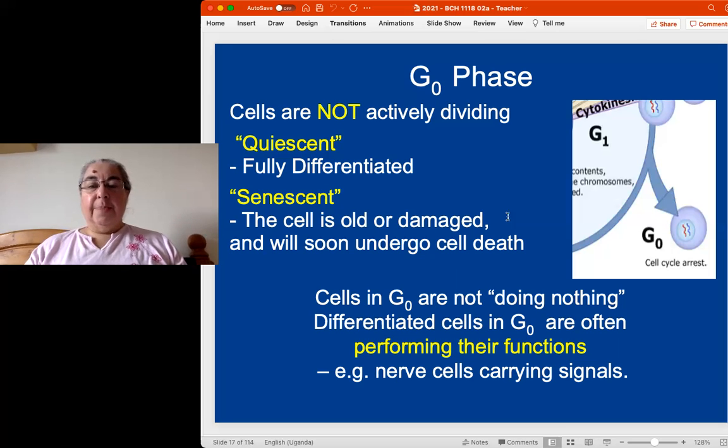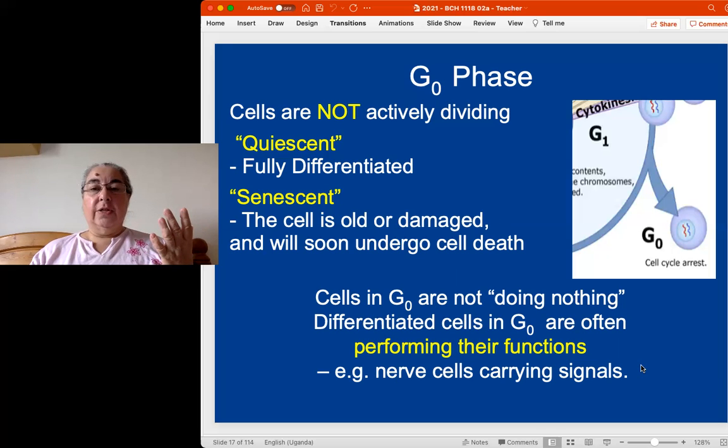One thing that it's important to remember is that being in G0 doesn't mean that the cells are doing nothing, especially if they're quiescent cells. These cells are the cells that are performing their function. So in our example of a nerve cell in the nervous system, the nerve cells are carrying signals. Okay, they're performing their function, but they're no longer able to divide.